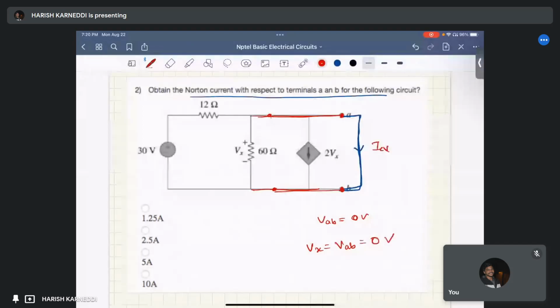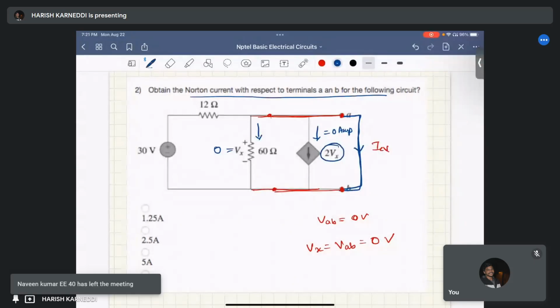Okay. Then if Vx equal to 0, what is the value of this dependent current source, 2 times Vx? That equal 2 times 0, it is 0. This is also 0 amperes. Here, this short circuit is across this 60 ohms, right?